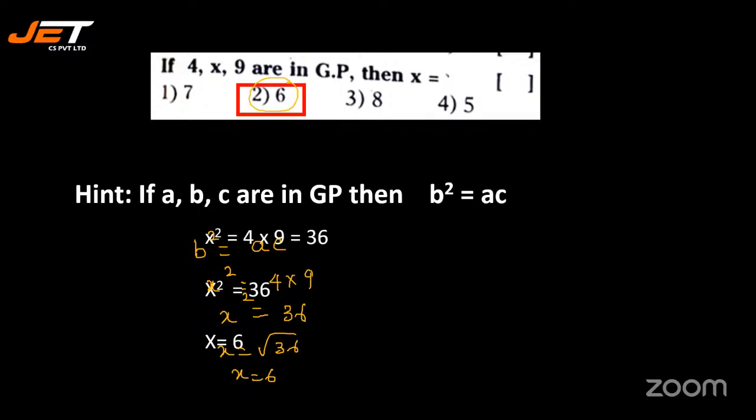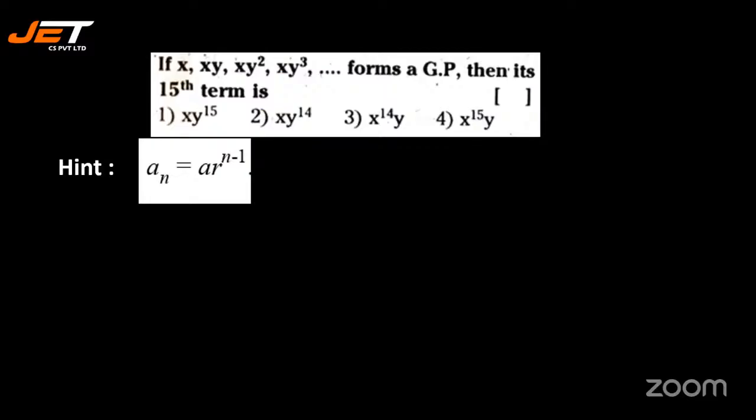If x, xy square, xy cube and so on forms a GP, then its 15th term is? So I think we'll try A15 is equal to A into R to the power n minus 1. R is y, how? xy square by xy, which is y. n minus 1 means 15 minus 1, 14.